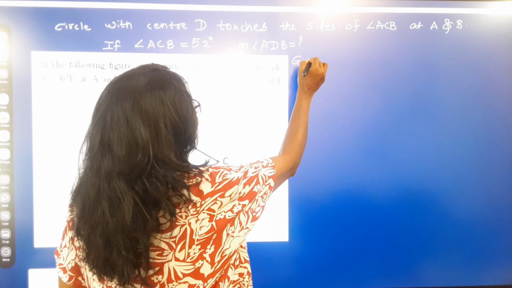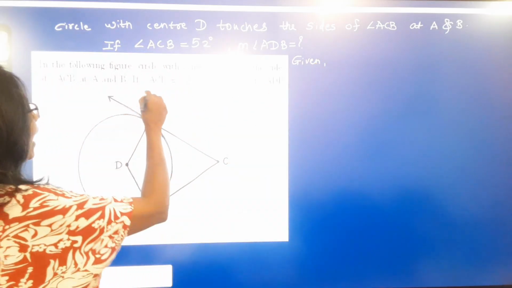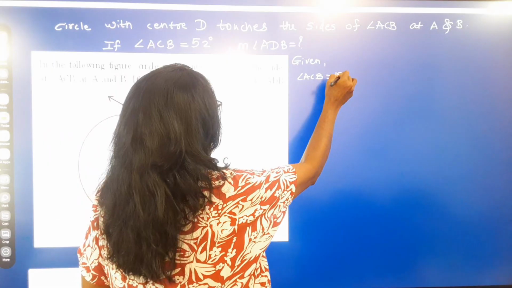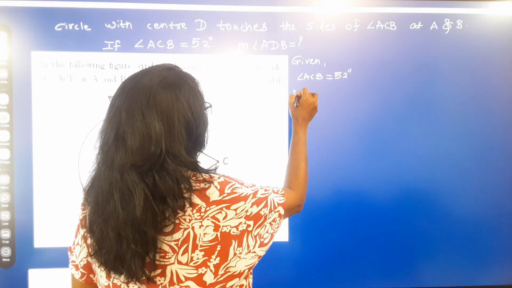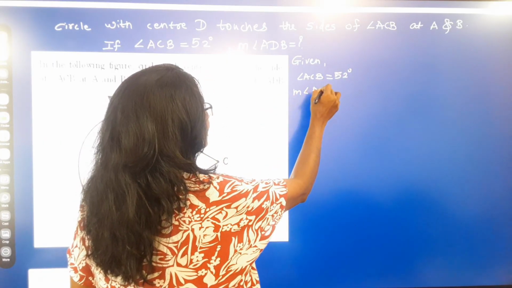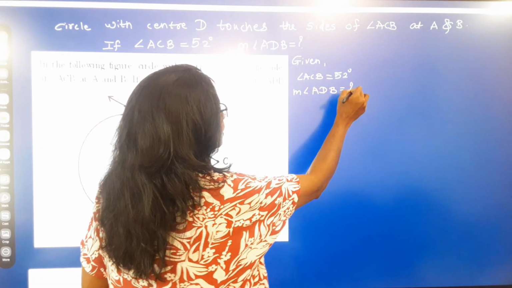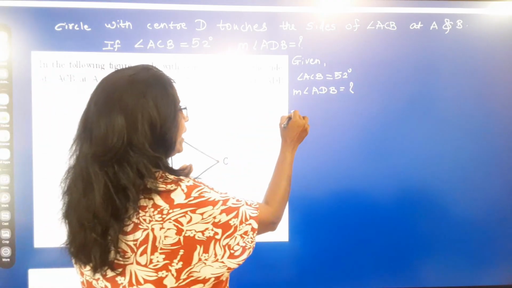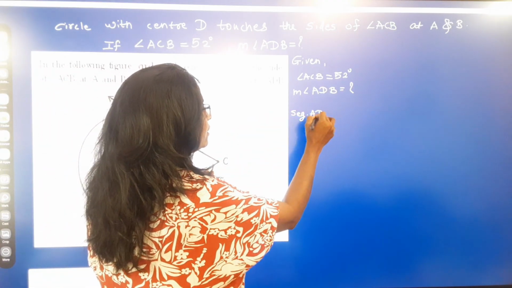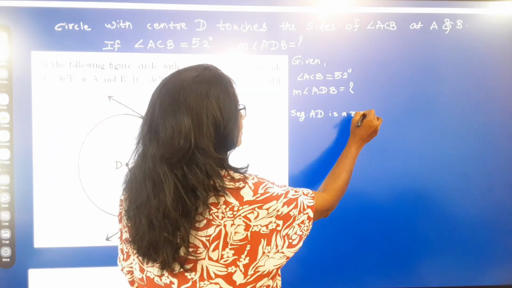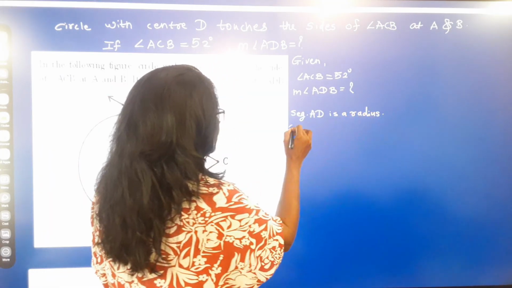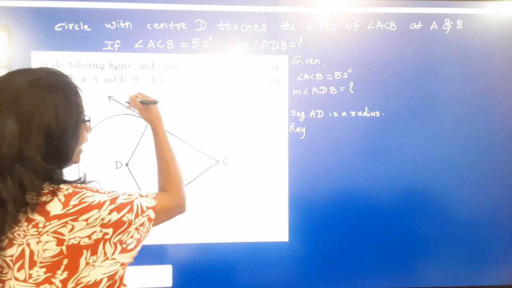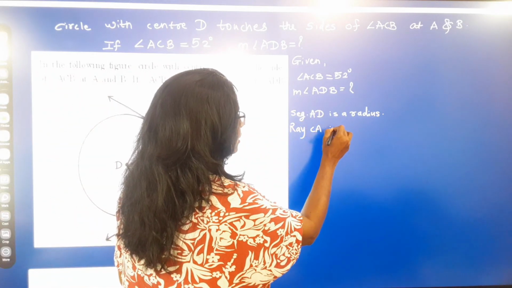Okay students, first we write down the given. In the given, angle ACB is equal to 52 degree, and we have to find angle ADB. First part: segment AD is a radius, and ray CA is a tangent.